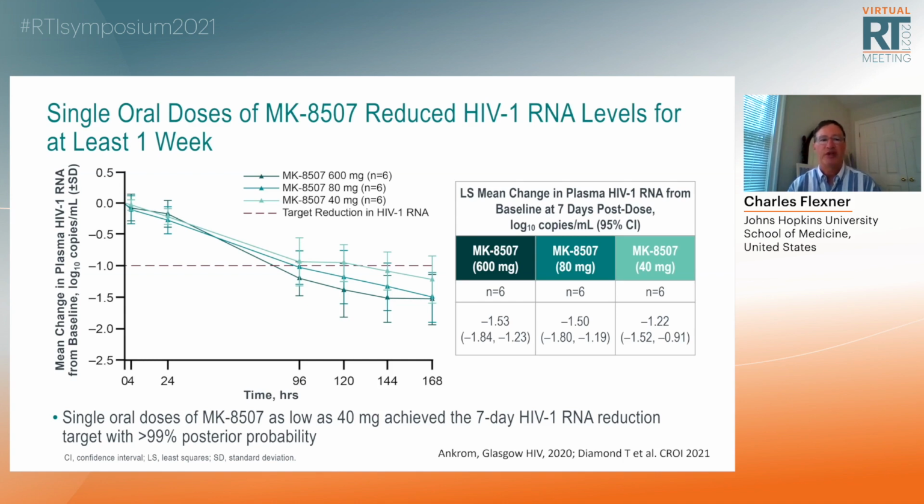And in this phase 1b study, these single doses of MK-8507 all achieved the 7-day HIV viral load reduction target with greater than 99% posterior probability, suggesting a high likelihood of anti-HIV activity at each of these dose levels.